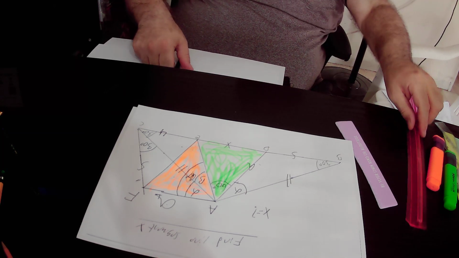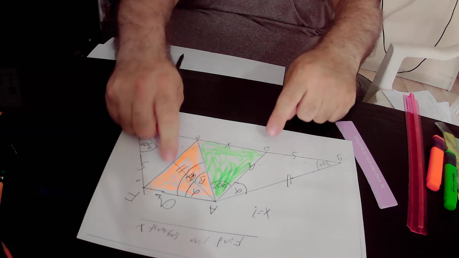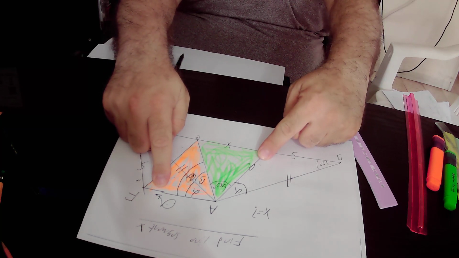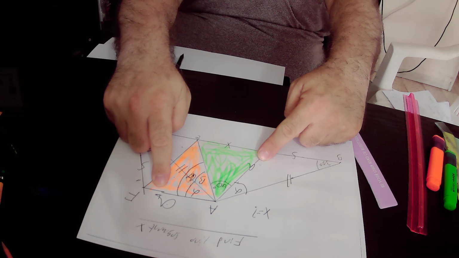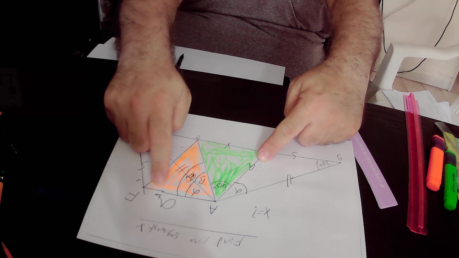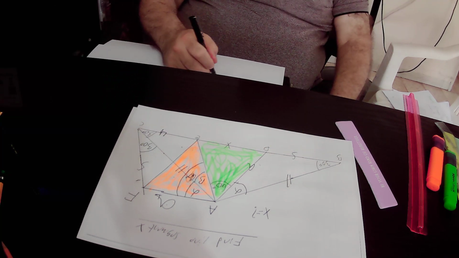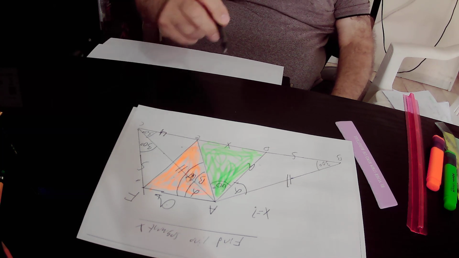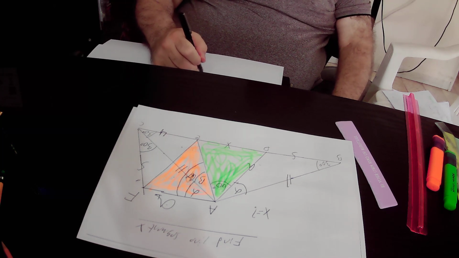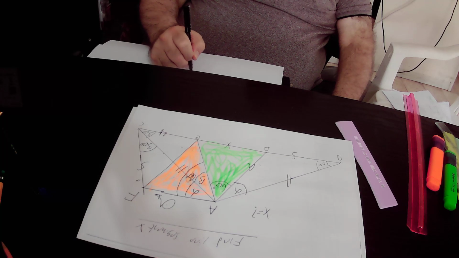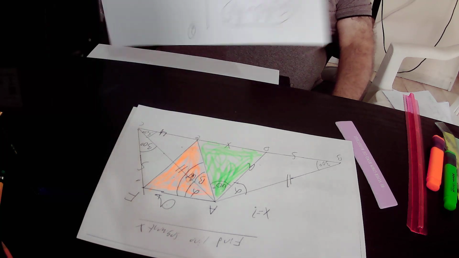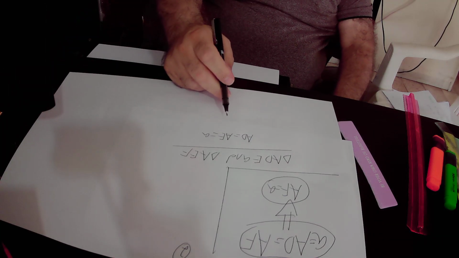First of all, those two sides, they are both equal to A, therefore they are equal to each other. So we can write down that AD equals AE equals A. Side AD equals side AE equals A.